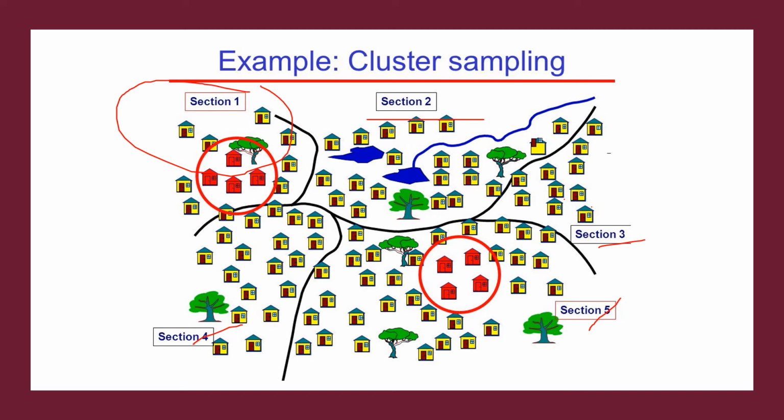Like here, once we cluster, we randomly choose to survey section 1 and section 5 only. And within section 1 and section 5, we sample only within the cluster.